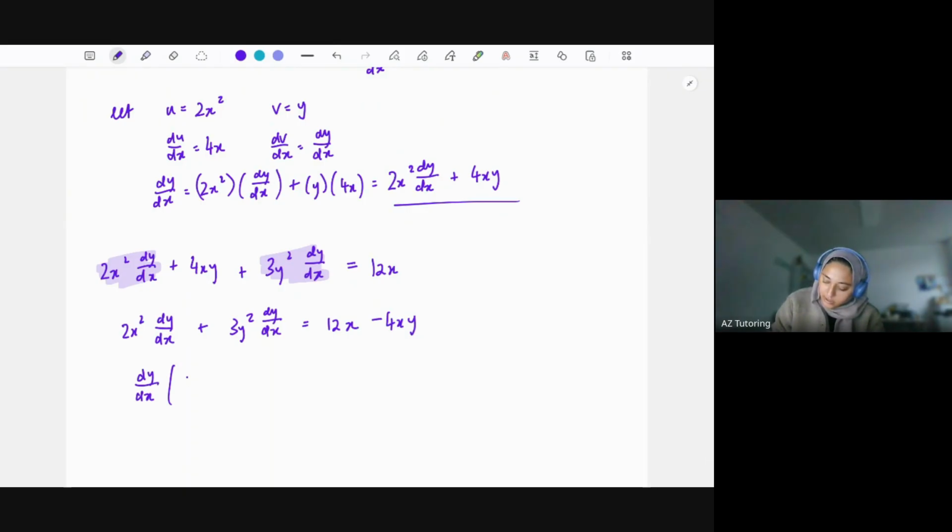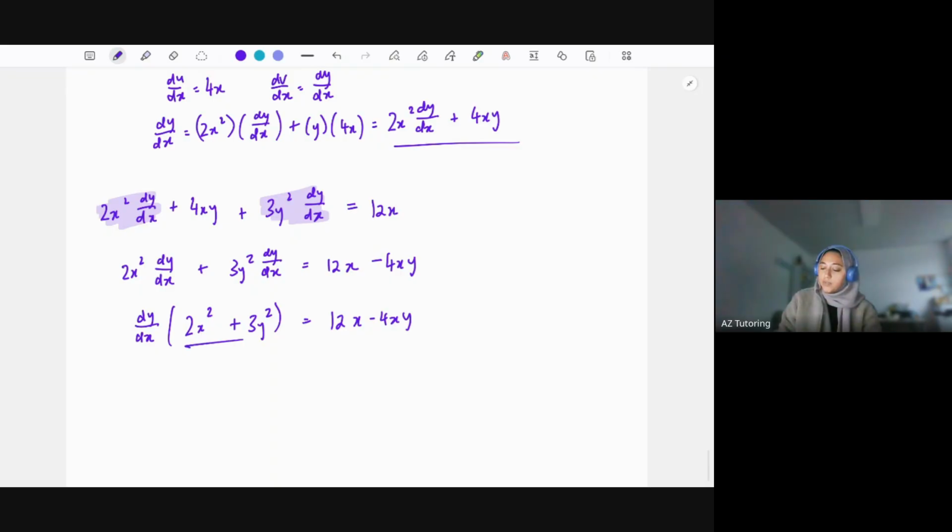Dy over dx times 2x squared plus 3y squared equals 12x minus 4xy. To get dy over dx by itself, I need to get this over to the other side. Since I'm timesing by it, the opposite is dividing. So dy over dx equals 12x minus 4xy over 2x squared plus 3y squared.